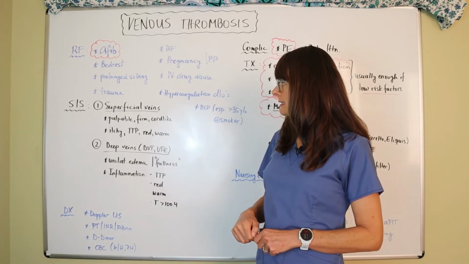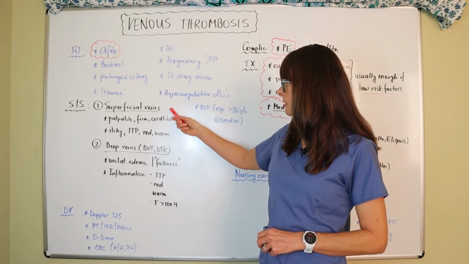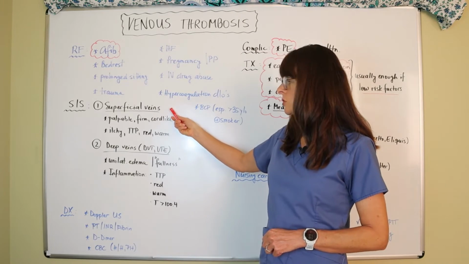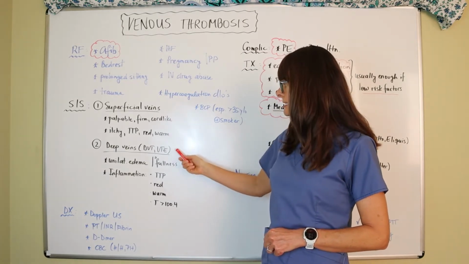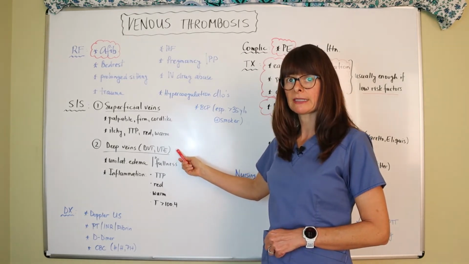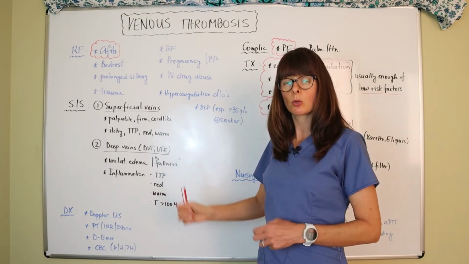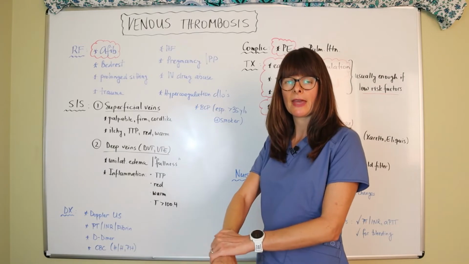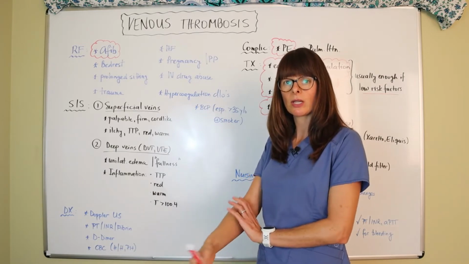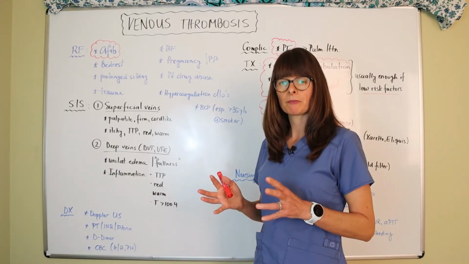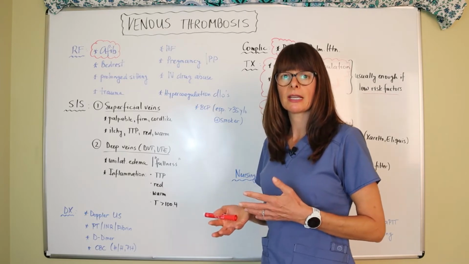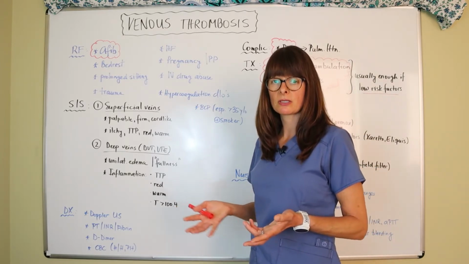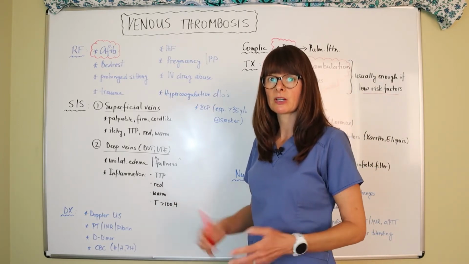And then for signs and symptoms, we have to distinguish between whether superficial veins or deep veins are affected, and that's just like the term suggests: superficial is more towards the surface, where you can easily palpate, and for the deeper veins, we typically distinguish signs and symptoms by the patient's complaints or their subjective data.